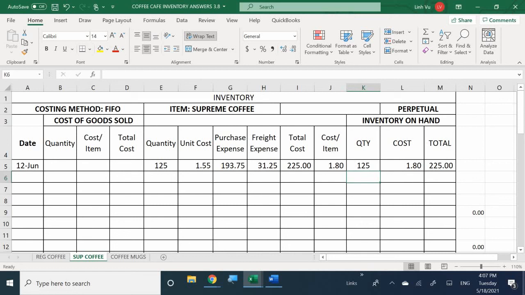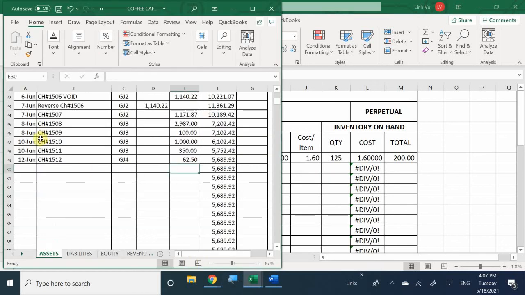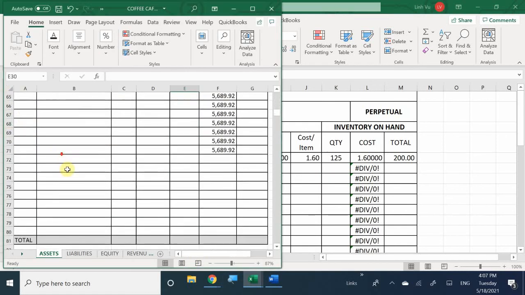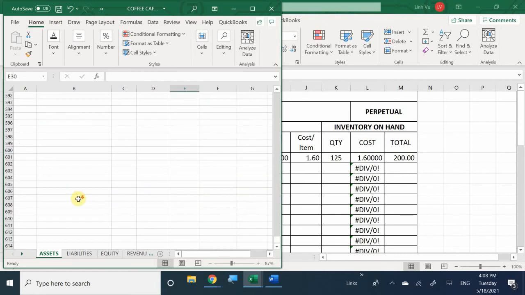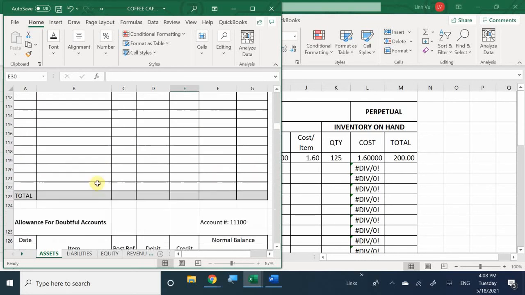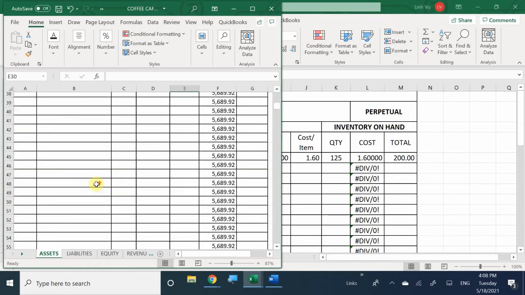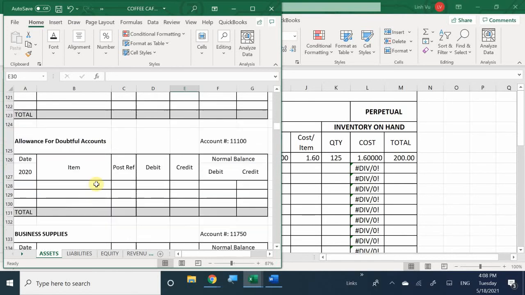Right here says that you have $225 in Supreme and $200 in regular. That should reflect the same balances in your ledger, my ledger assets. It should tell me here for Supreme. Oh no, my checking account. Oh, I missed it again.